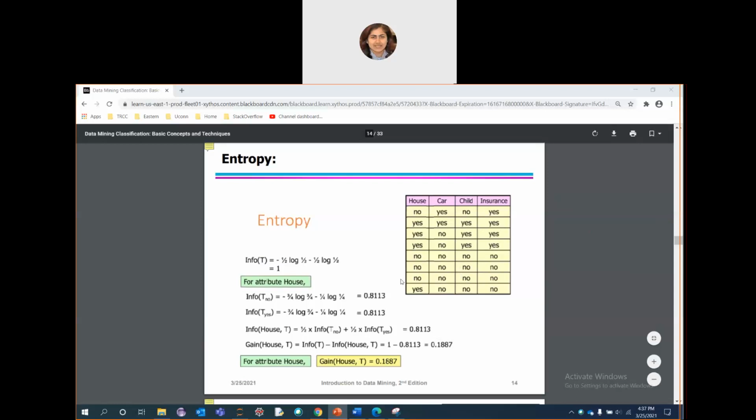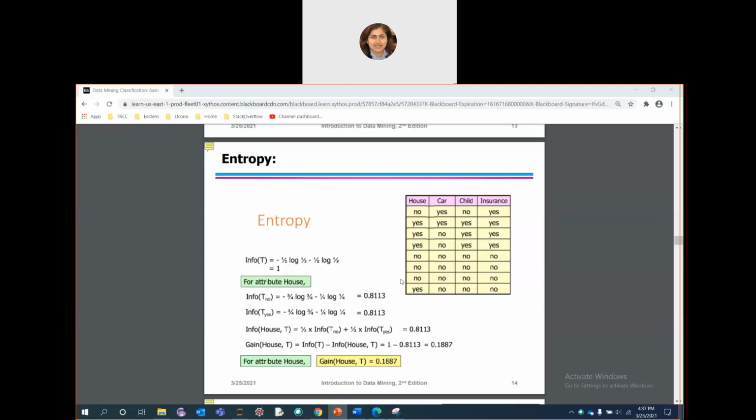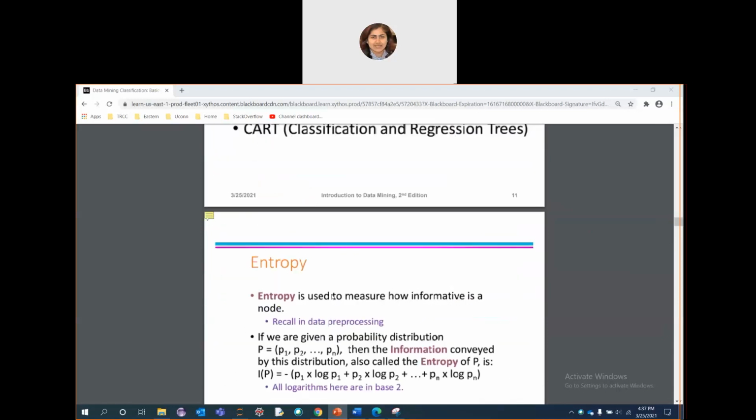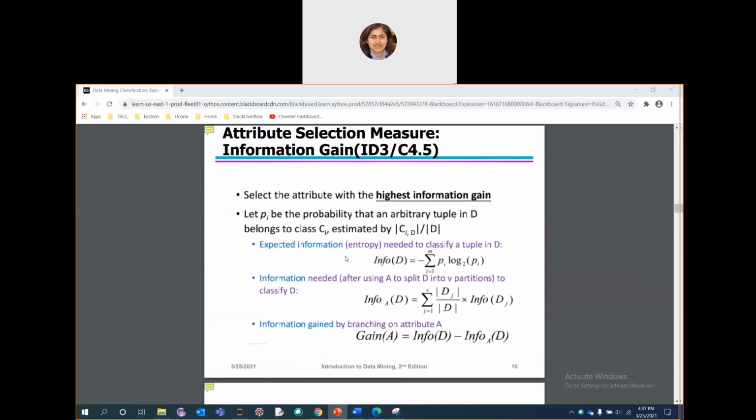So here what we want to know is whether someone is likely to purchase insurance or not. There are actually two classes. Here, if you see, three things: entropy, information, and then gain.